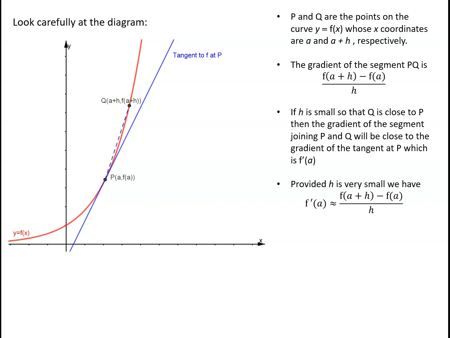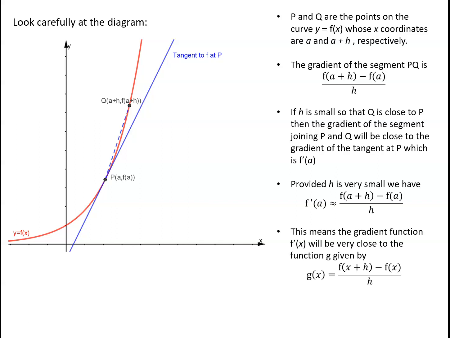So the gradient function f dash x will be very close to the function g given by g of x is f of x plus h minus f of x divided by h, provided h is a small number.